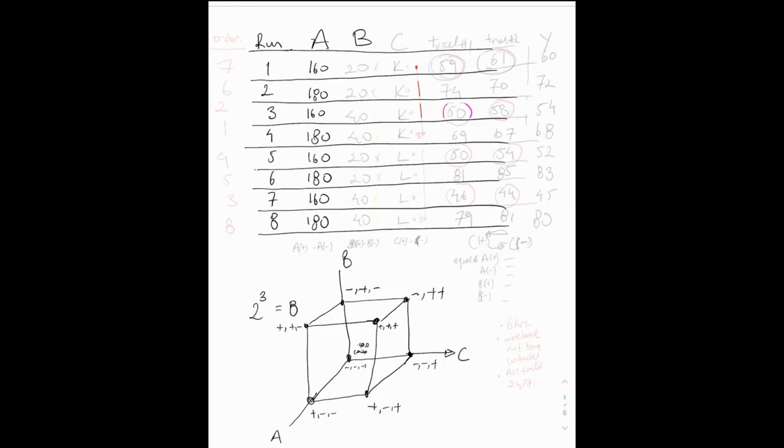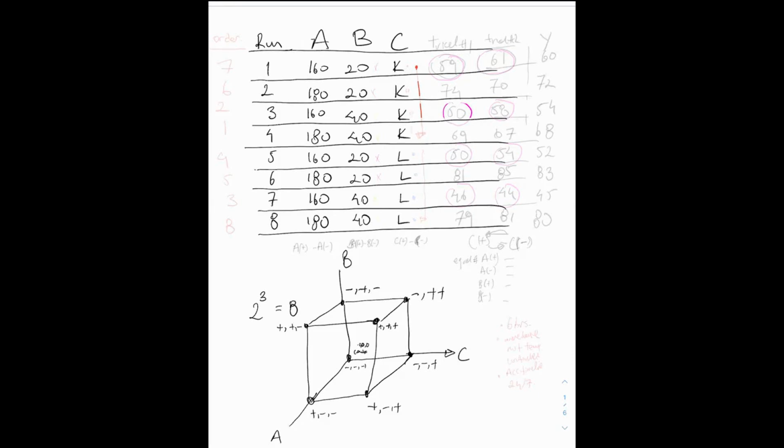Our B, based on our standard table, was 20, 20, 20, 40, 40, 20, 20, 40, 40, right? And our C is then going to be 4 Ks and then 4 Ls.